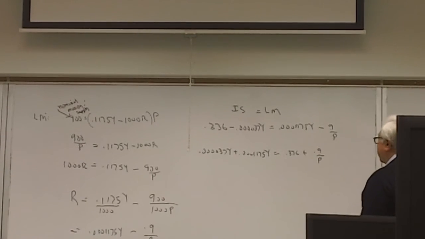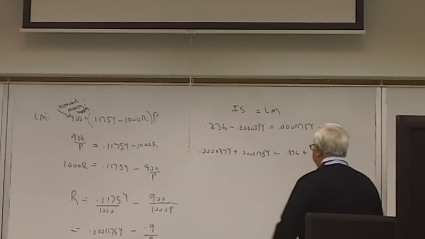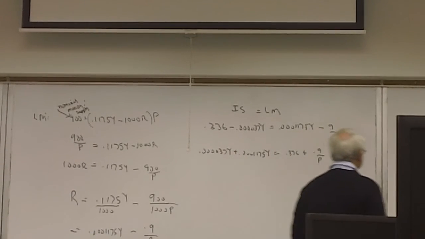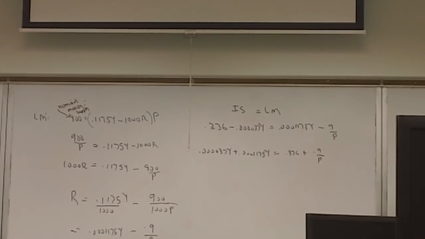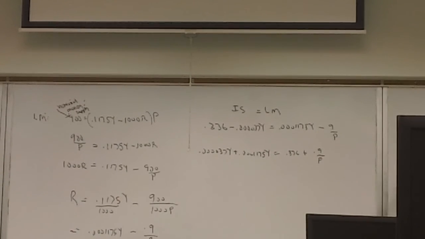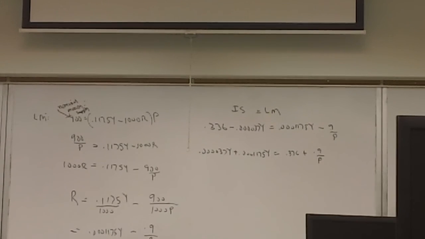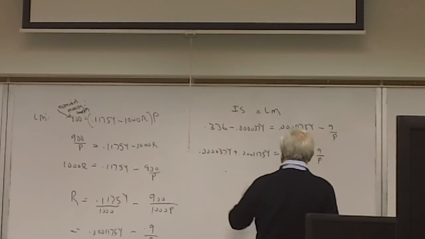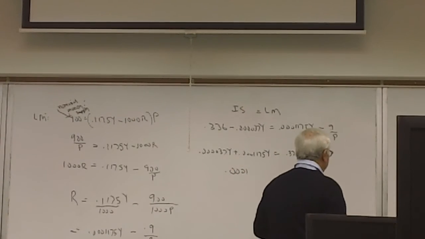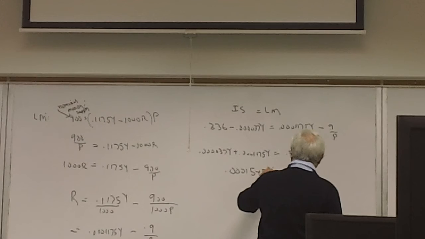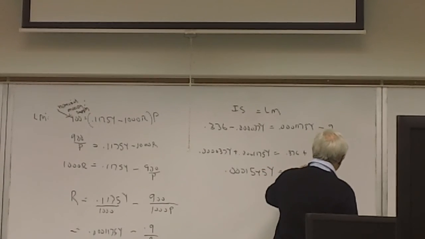And now we can factor the y's out. We have to add these two. So this becomes 0.000155y is equal to 0.336 plus 0.9P.